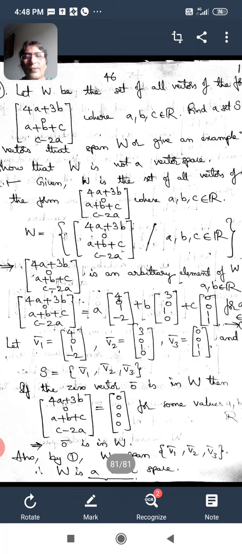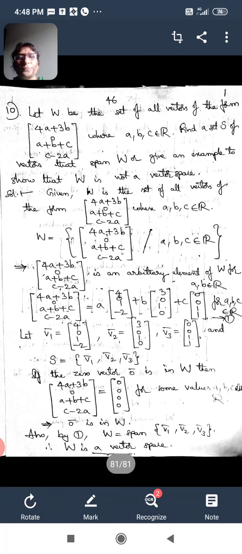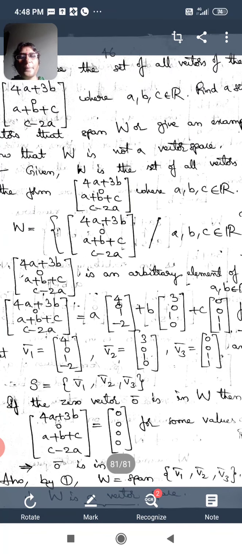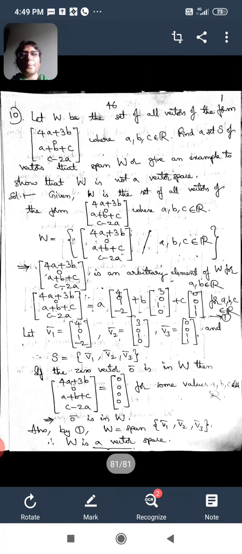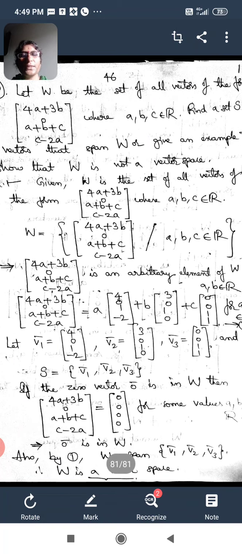Now on both sides we can equate the corresponding elements and solve for a, b, c, and all of them are real numbers. That means the arbitrary element can take the values 0, 0, 0, 0 for some values of a, b, c from the set R. That means 0 bar is in W.